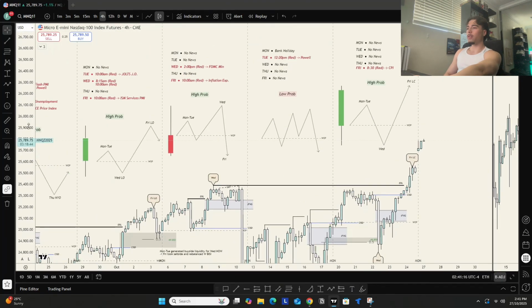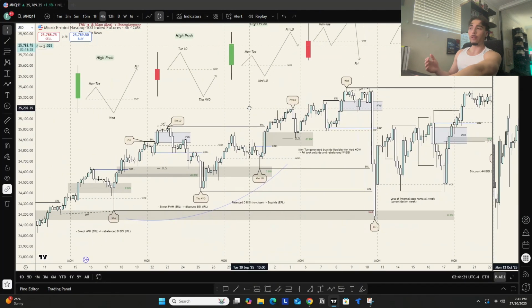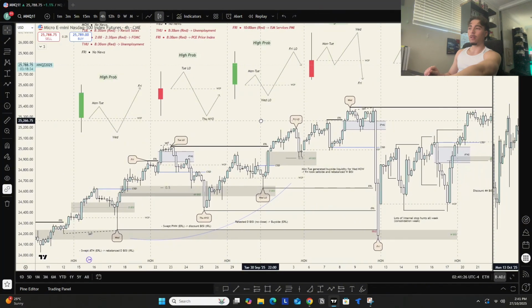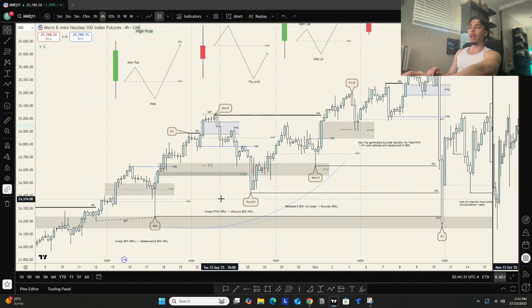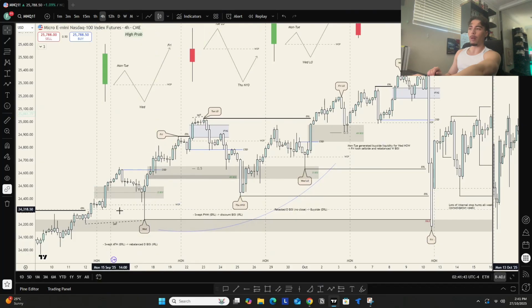So what I'd suggest, guys, pause the video, rewind it, do what you have to do, but what I really want you to take away from this video is looking at the weekly opening price, as you can see on each week here, and see how price forms the low and high of the week. So here, high, low of the week, and where the candle closes relative to the weekly opening price, okay?